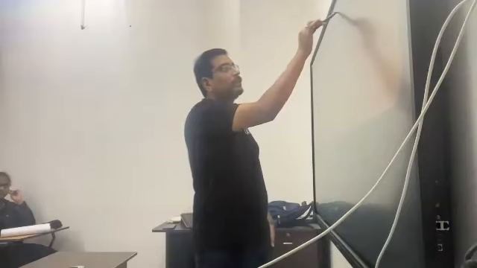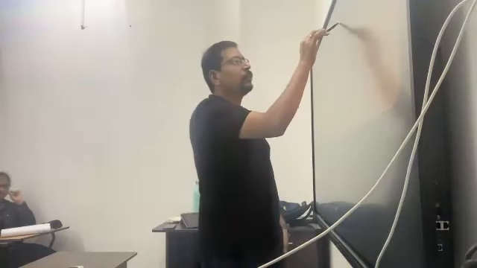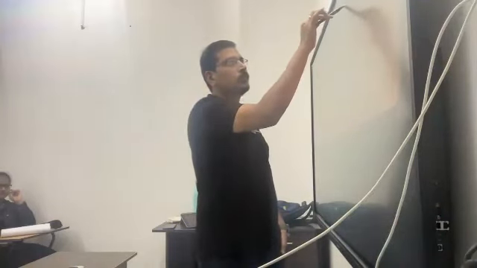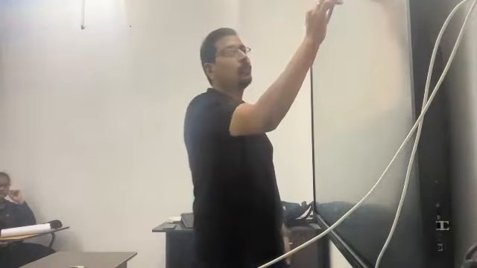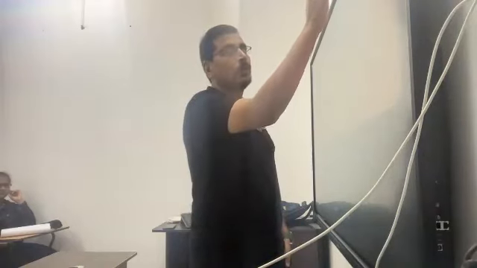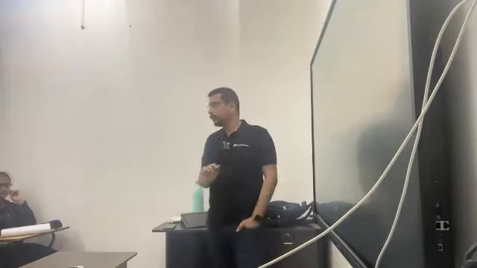I write F is equal to ma. If I take m is equal to 1 unit and a is equal to 1 unit, then F will be equal to how much? 1 unit. I didn't write which unit here because we are going to discuss SI and CGS.